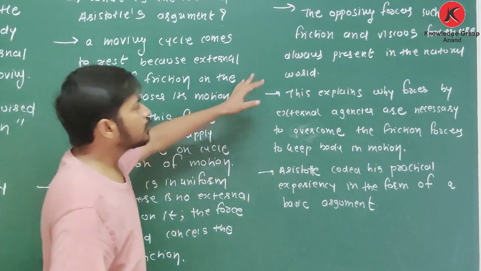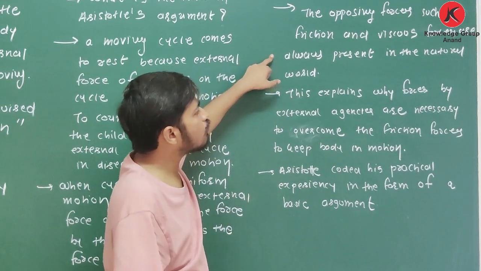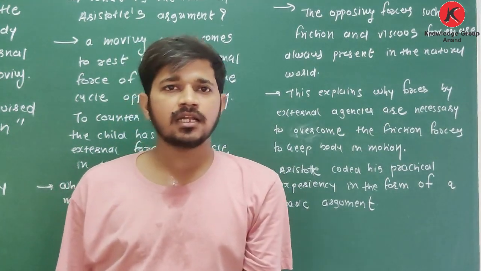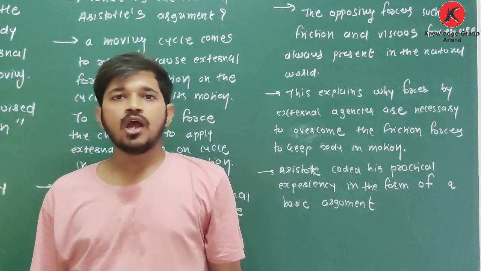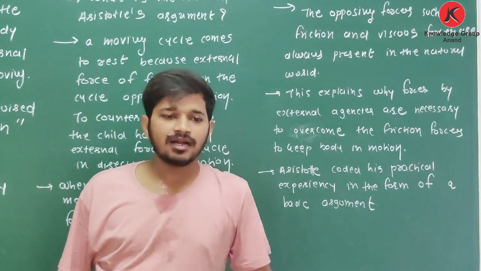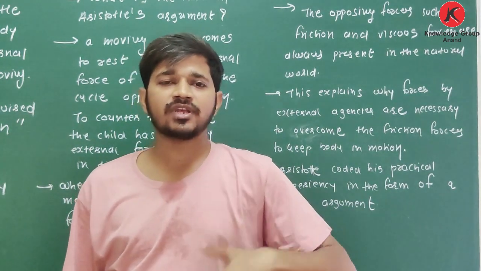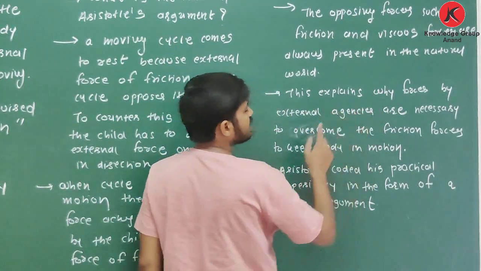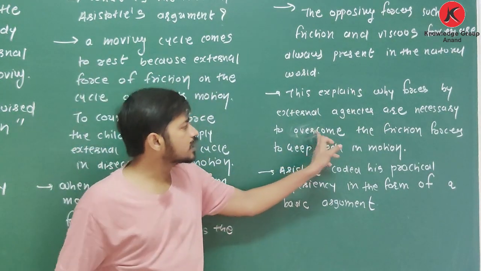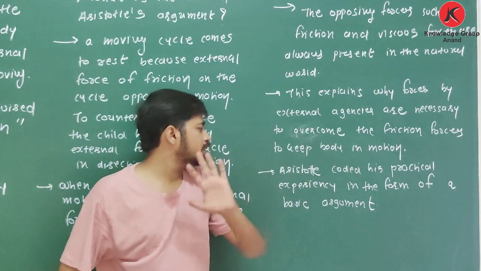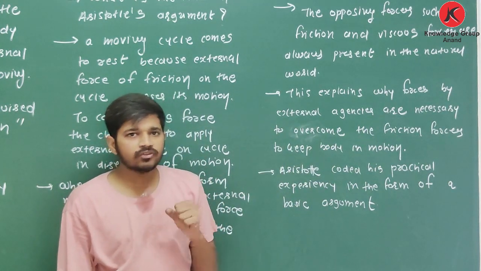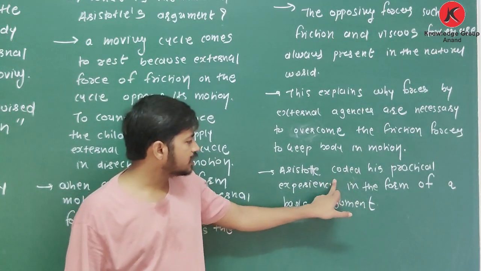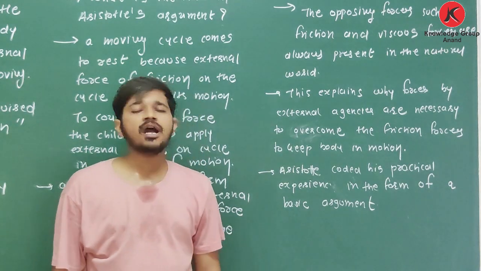Yes, in nature, opposing forces such as friction and viscous force are always present in the natural world. So, to continue its motion against these opposing forces, we have to apply some forces. This explains why forces by external agencies are necessary to overcome the friction forces to keep a body in motion. What is wrong in Aristotle's theory? Aristotle coded his practical experience in the form of a basic argument.